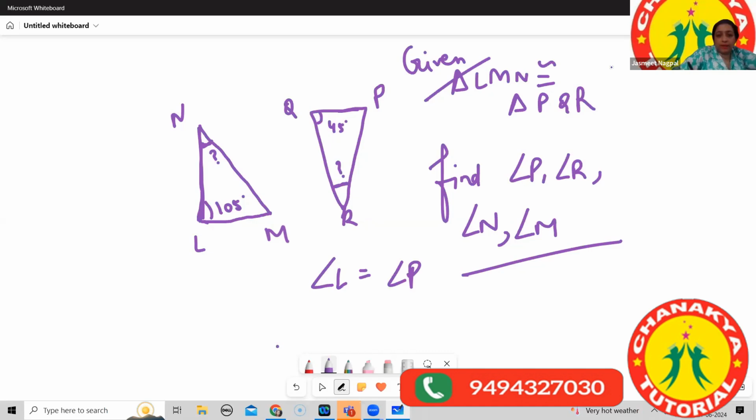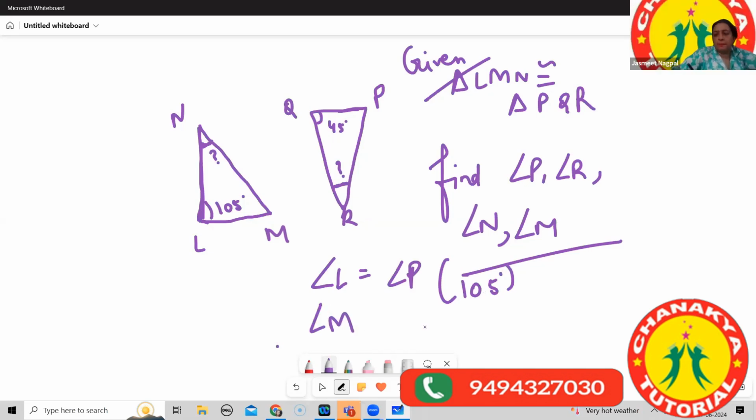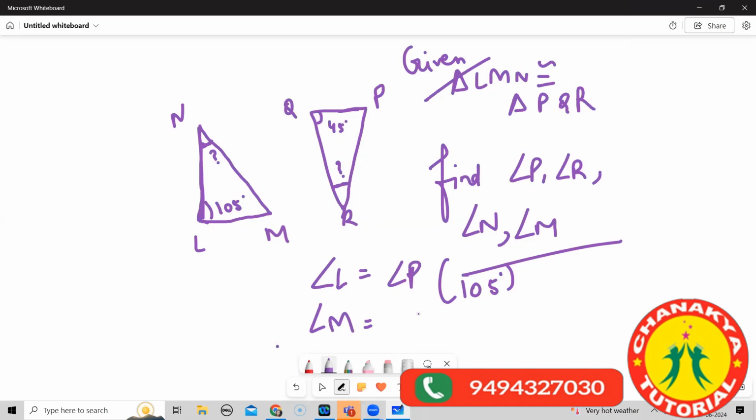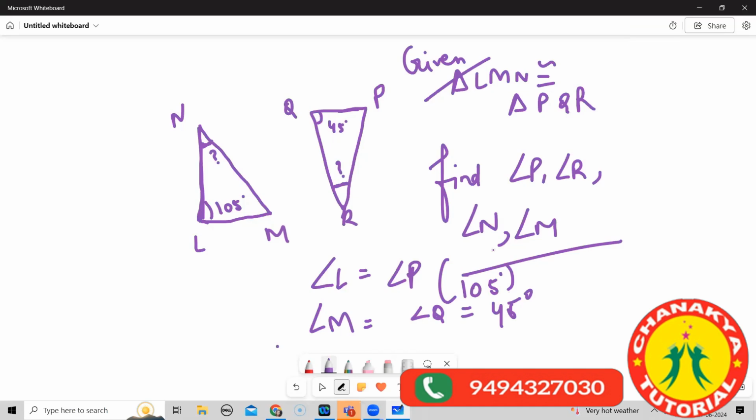So if L is 105, then P is also 105. Then M is equal to which angle? Q. Very good. So that it would be 45, right? Yes. Now you have to choose one angle and find the third one.